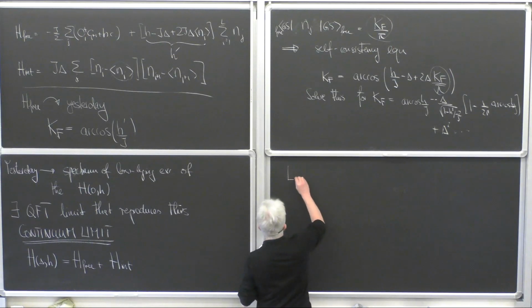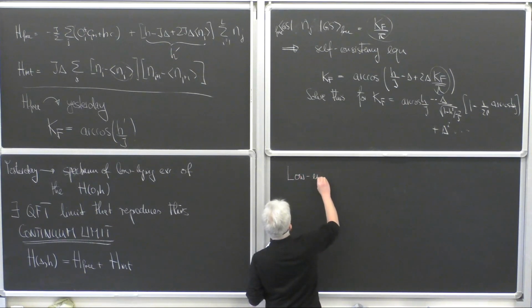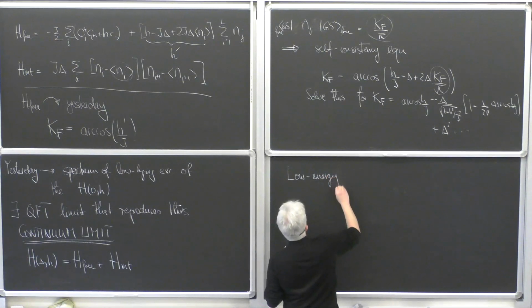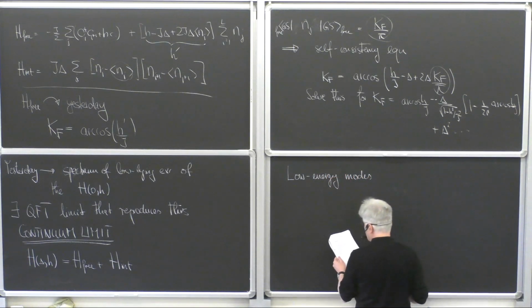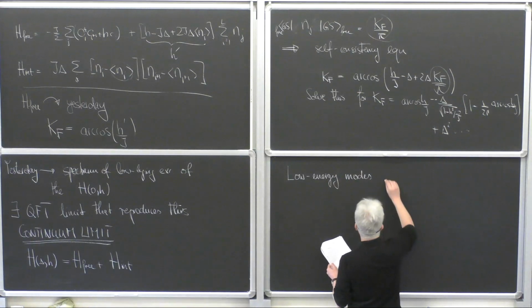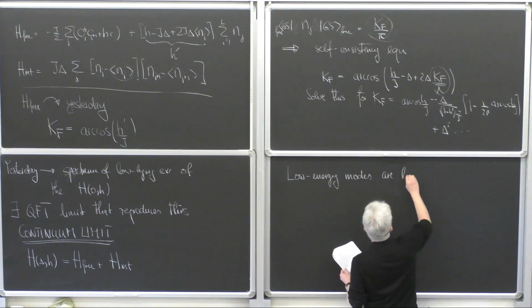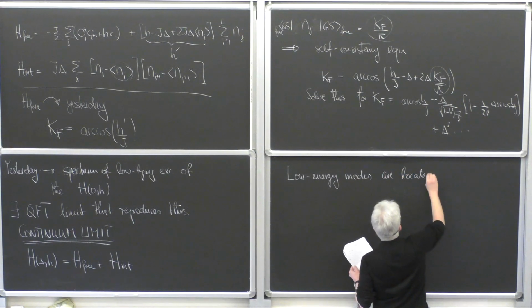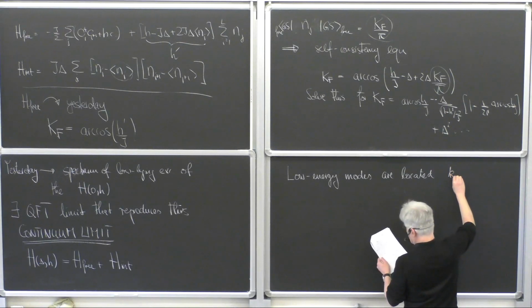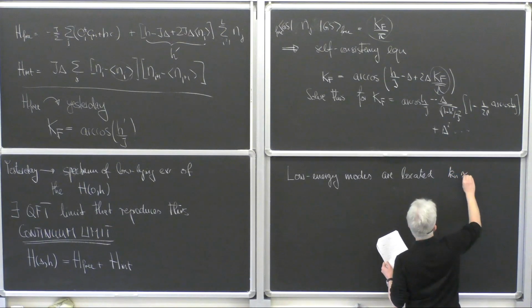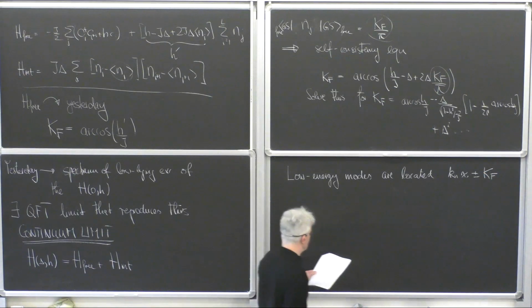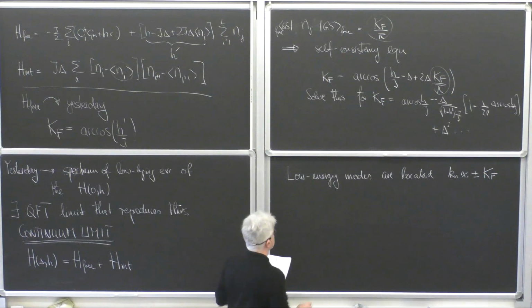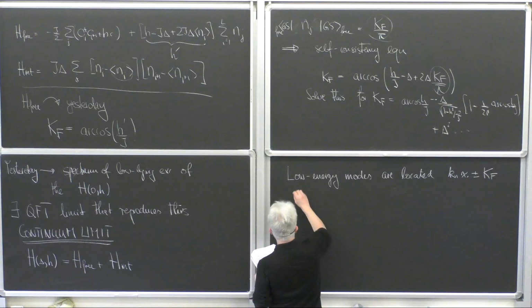And so the low energy modes are located at momenta k_n approximately equal to plus or minus k_F, as we saw yesterday.